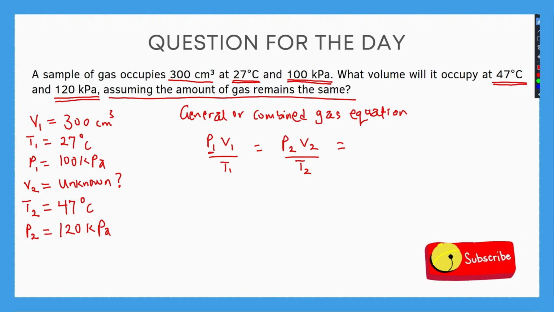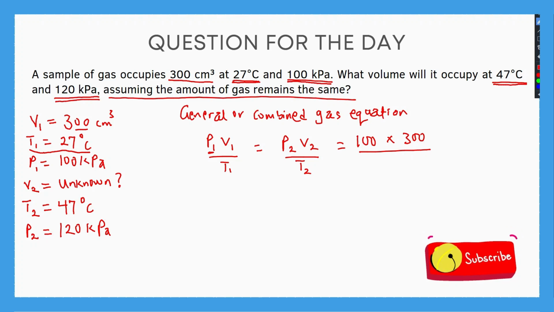P1 over here is 100 kilopascals multiplied by V1. V1 is 300 centimeter cube divided by T1. Now, when it comes to the general gas equation, we do not use temperature in degrees Celsius. We convert it to Kelvin.